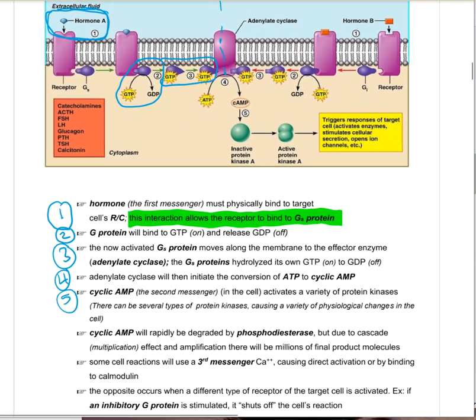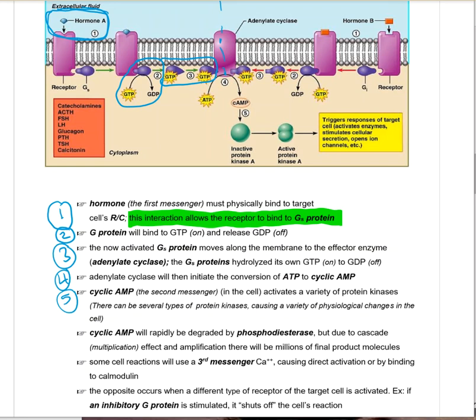So in step number 2, the G protein gets activated. And the way it gets activated is a GTP. Now, we've never talked about GTP. We've only talked about ATP. ATP is adenosine triphosphate. GTP is guanosine triphosphate. It is also an energy molecule. It's just a different kind.